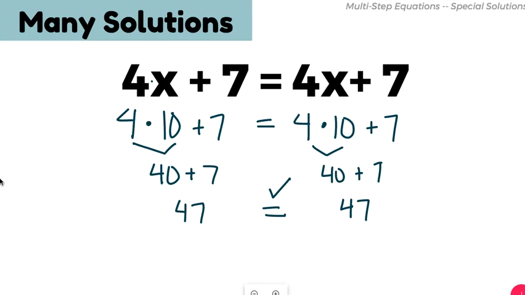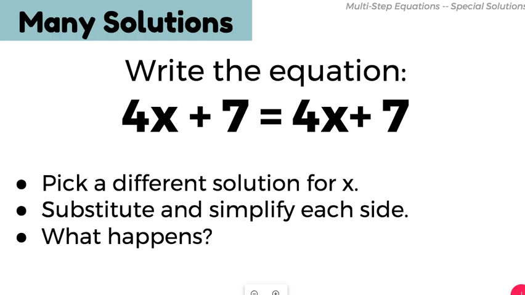Make sure if you have any errors, you fix them now. We're going to come back to this equation again. We're not done with this equation. What if I wanted you to try picking a different number for x and see what happens? Copy the equation down again, and then pick your own number for x.